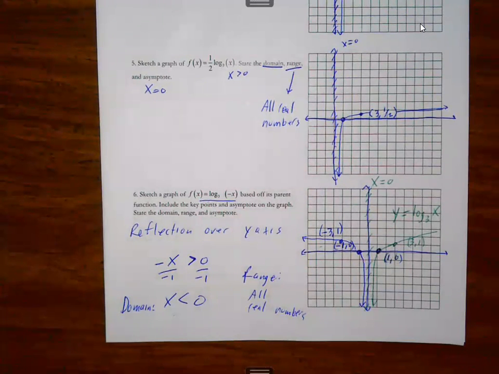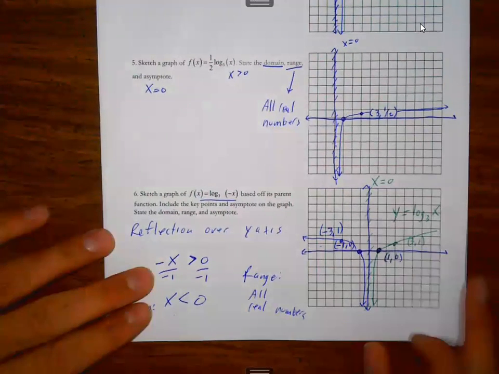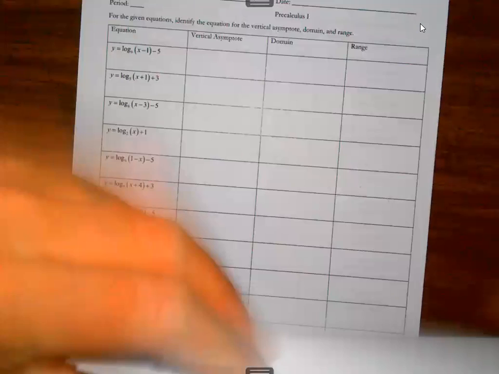So you can use transformations when you're graphing these, or you could kind of do it from scratch like we did the first time and plot points. Totally up to you. So let's look at this, and I'll get you started on it, and I'll tell you what you could do for the rest of class when you won't have any homework.